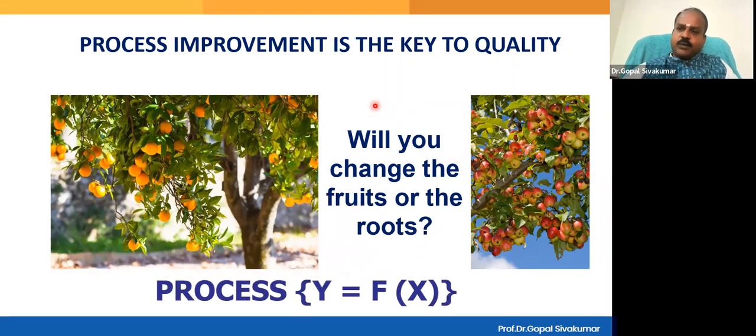And mathematically, we are going to call it y equal to f of x, where y is the output and x is the input. Output depends on the input. Am I correct with my language?